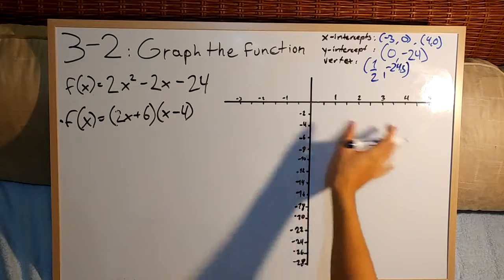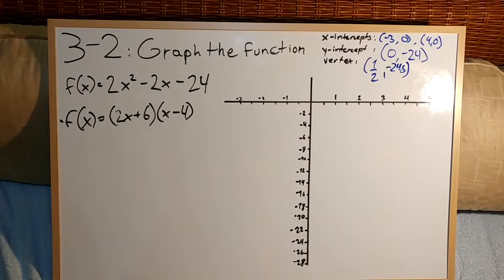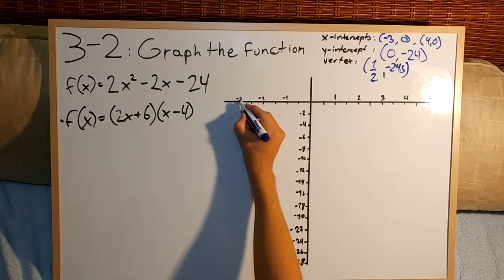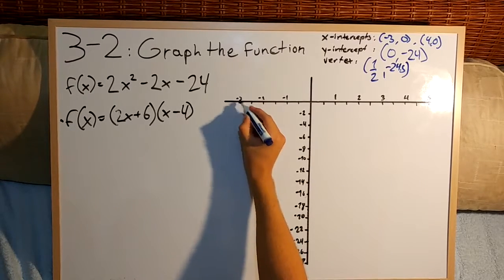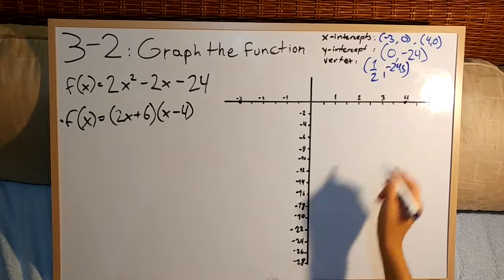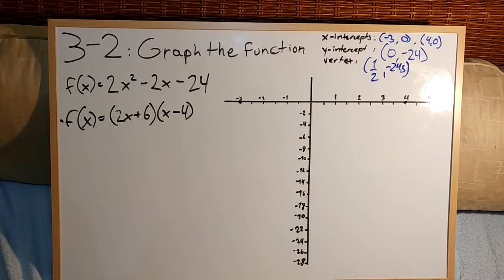Okay, so now we have our graph here, and all we have to do is plot the points we found. So, the x-intercepts first. Negative 3, 0. Here we have negative 3 on the 0. Put a point there. And 4, 0. We have 4 here. Put a point here. Now the y-intercept.